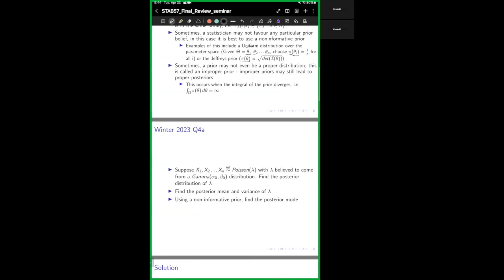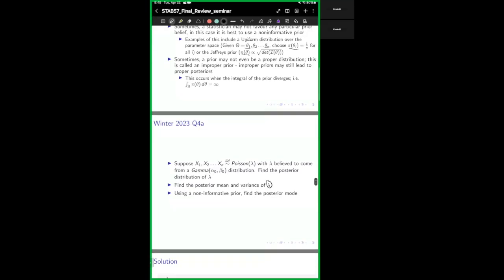Find the posterior mean and variance of this lambda. Using a non-informative prior, find the posterior mode. Feel free to pause the video and try the question on your own before I give the answer.